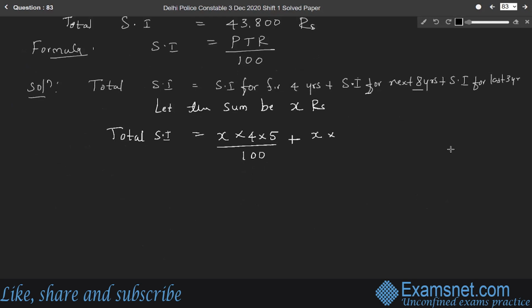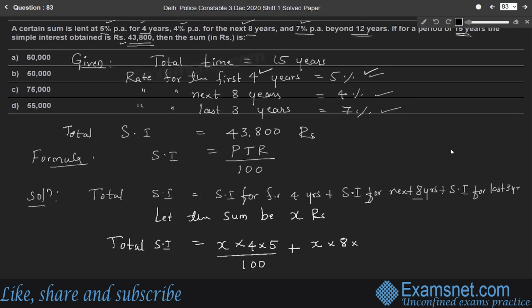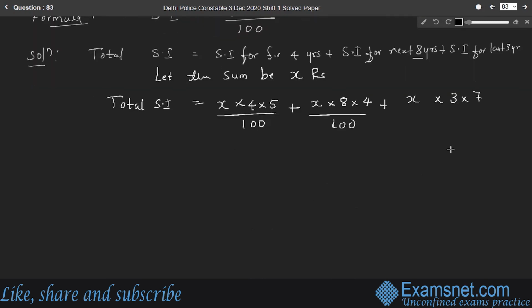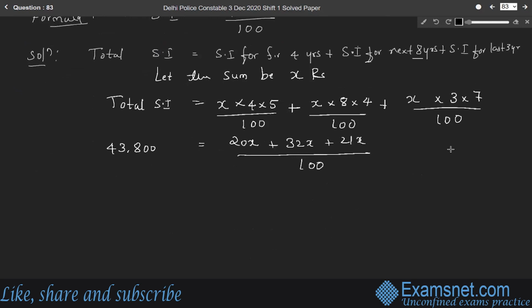Principal P is X rupees. Time is 8 and the rate of interest for 8 years is 4% by 100, plus simple interest for the last 3 years. Principal into time is 3 years and the rate of interest is 7% by 100, which is equal to the total simple interest given, 43,800, right? So it is 20x plus 32x plus 21x whole divided by 100, right?